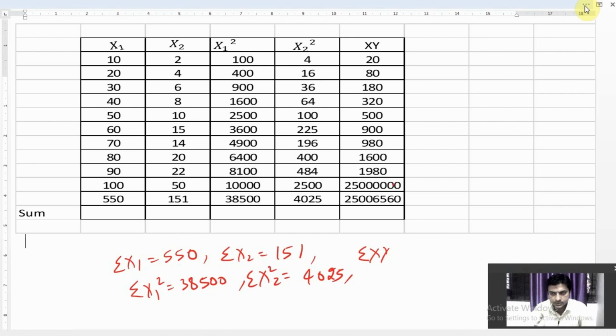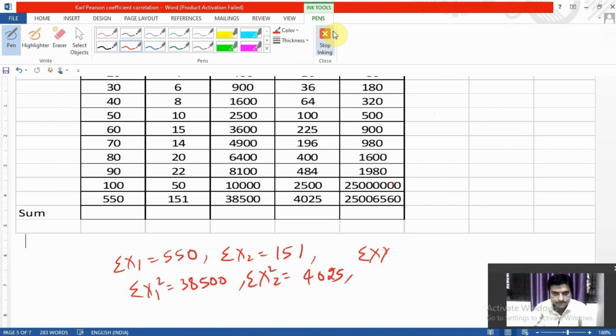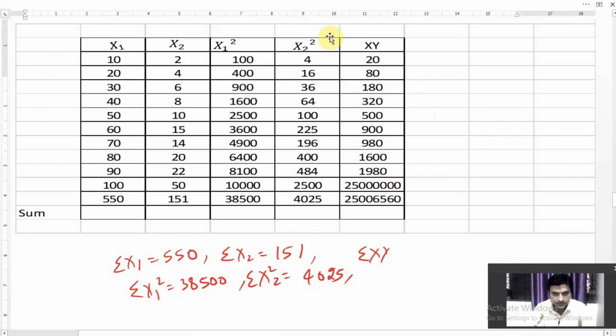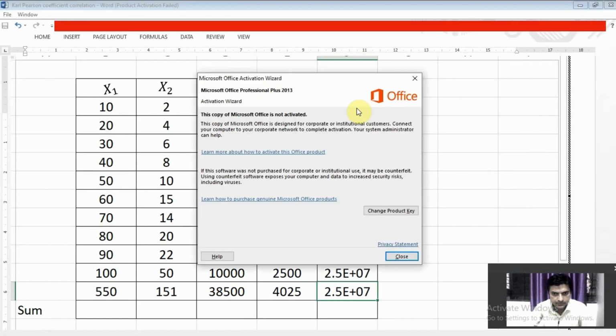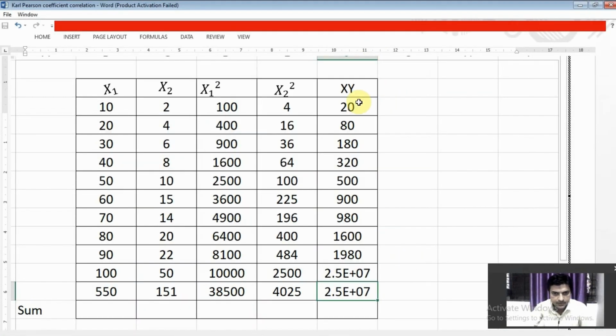Sorry, just a minute. You can verify this answer, students. Just verify once again. 10 into 2, 20, 20 into 4, 80, 30 into 6, 180, correct? 40 into 8, 320.